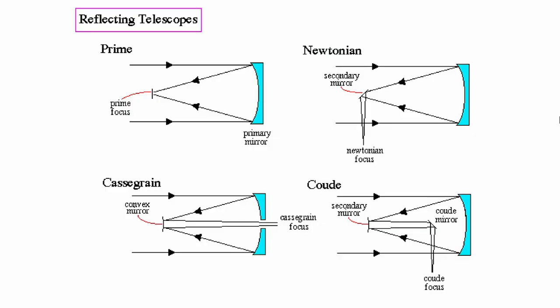And then the last type is similar to a Newtonian, but we stick an extra mirror in there. So there's lots of different ways you can think of to have light bounce off of mirrors and then focus on a point for either an eyepiece or a lens.